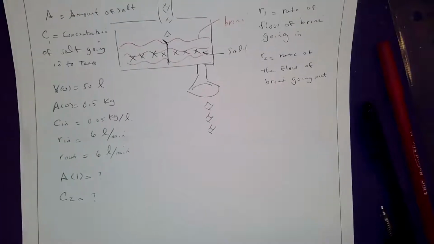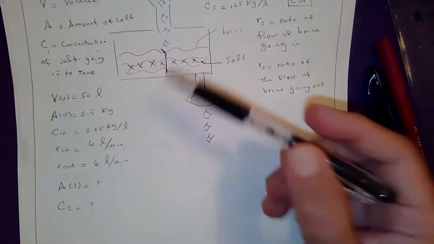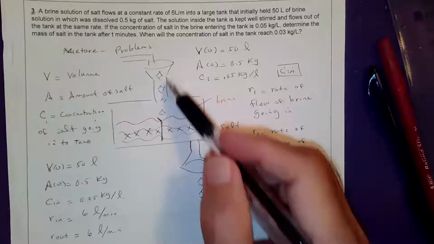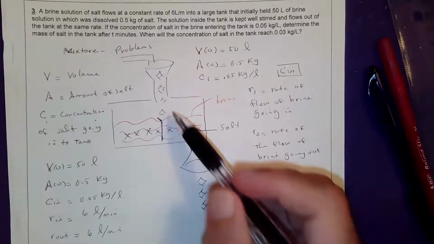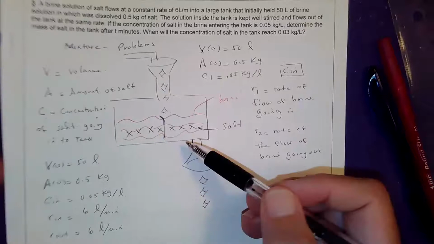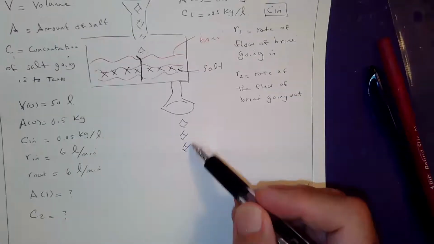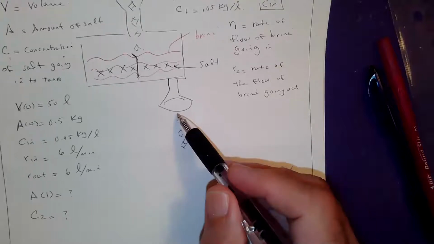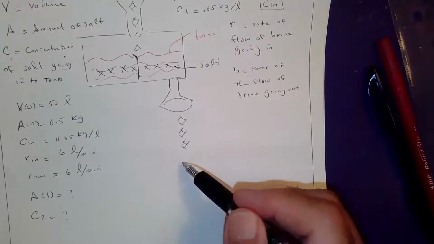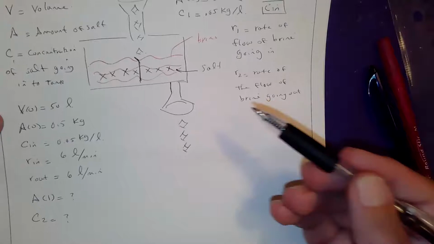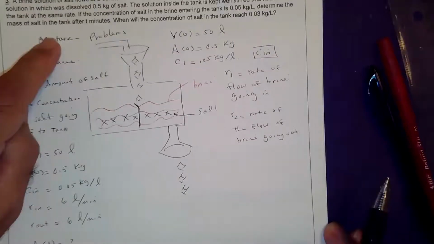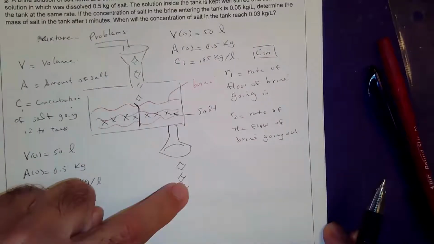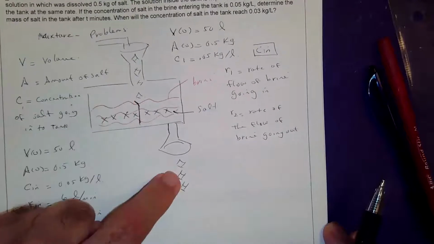Did you hear what she said? She said, because you're pouring brine in and it gets mixed, I can't tell what the concentration of the solution coming out is. It's not fixed. Why? It all depends at what time you stop the process and measure the concentration.